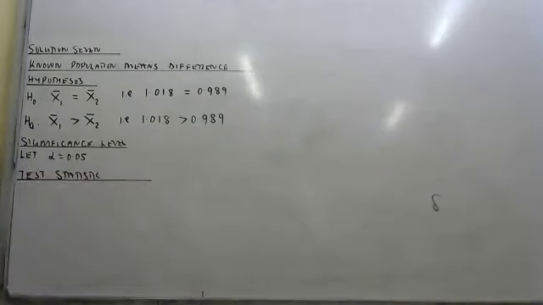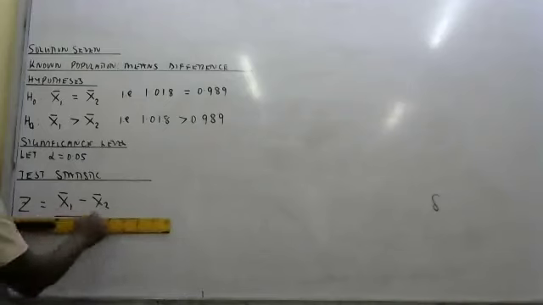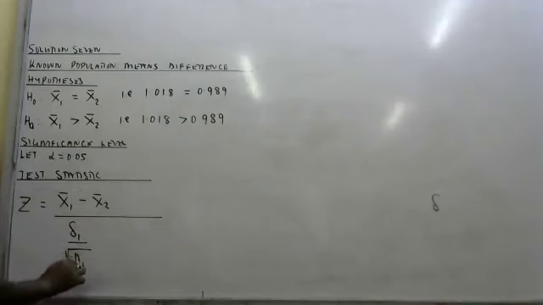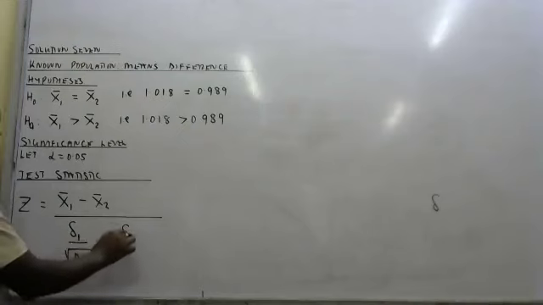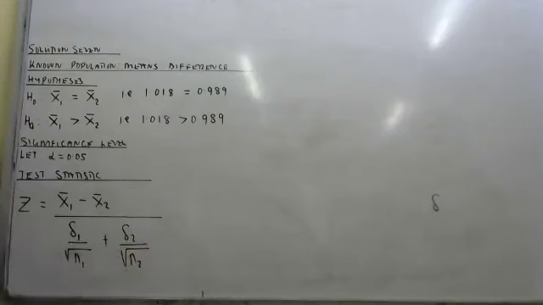Now the test statistic is given as Z equals X bar 1 minus X bar 2, divided by the square root of standard deviation 1 squared divided by sample size 1, plus standard deviation 2 squared divided by sample size 2.